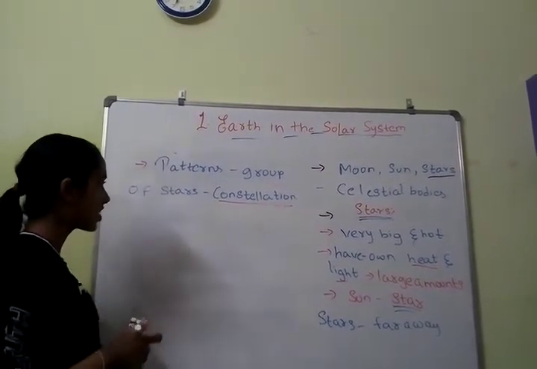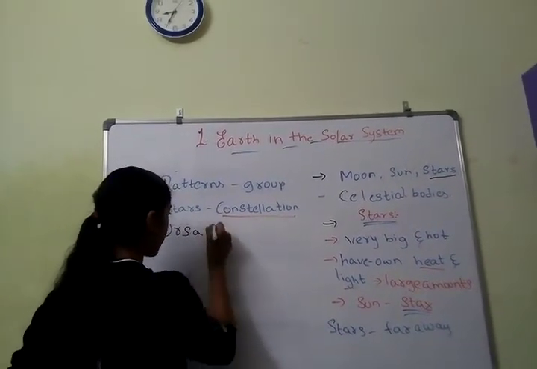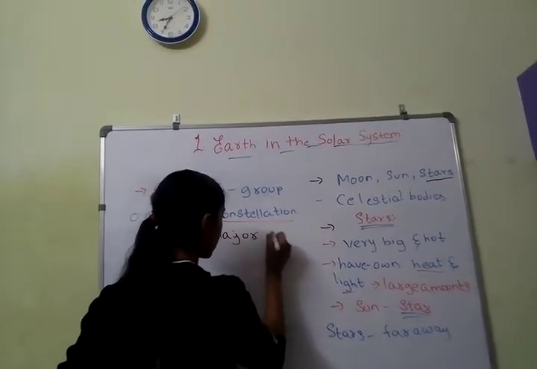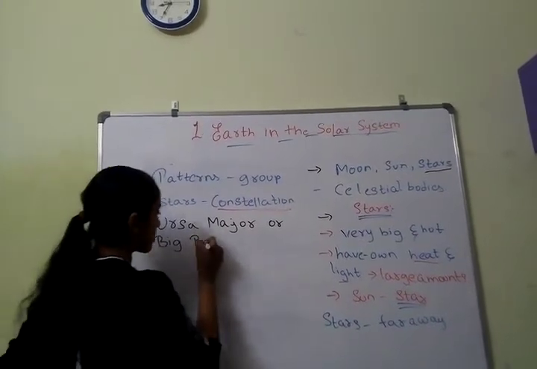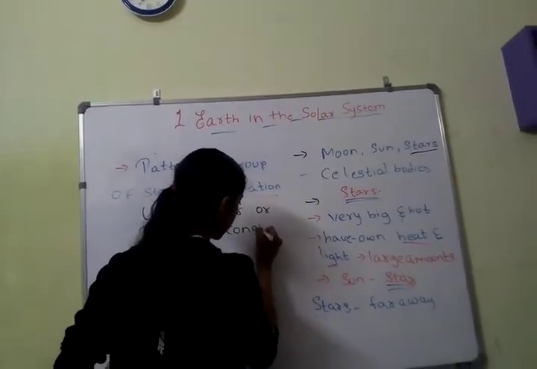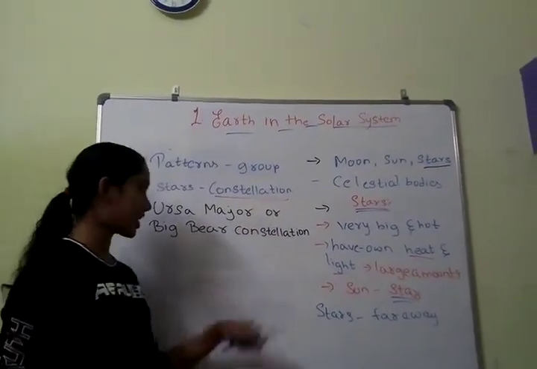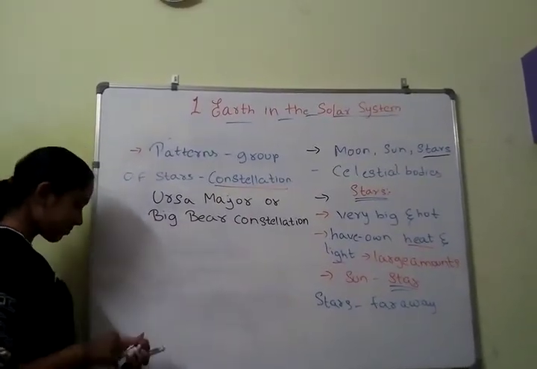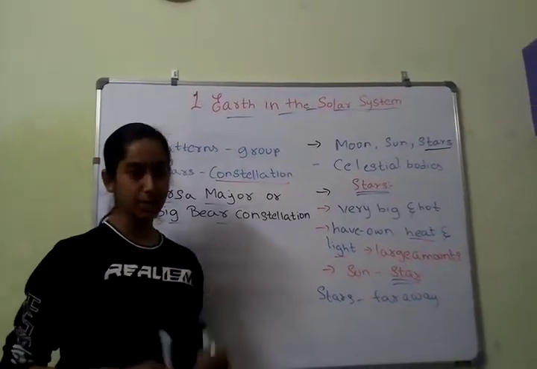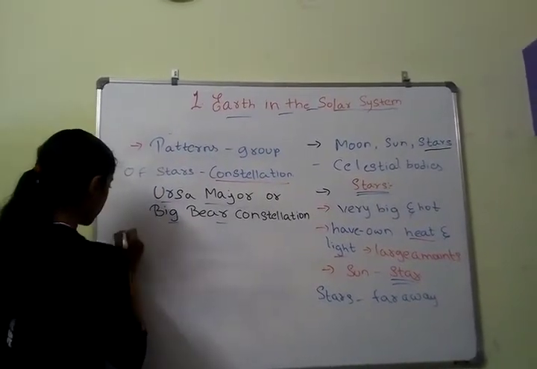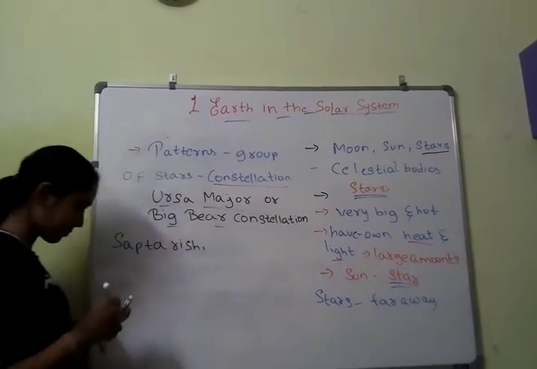An example for a constellation is Ursa Major or the Big Bear constellation. This is one such example, and there is one constellation you can observe easily in the night sky, that is the Saptarishi.